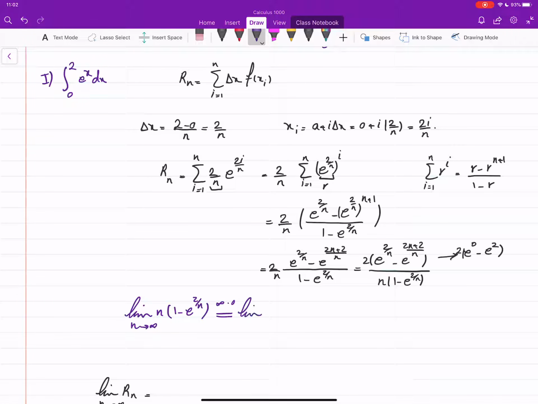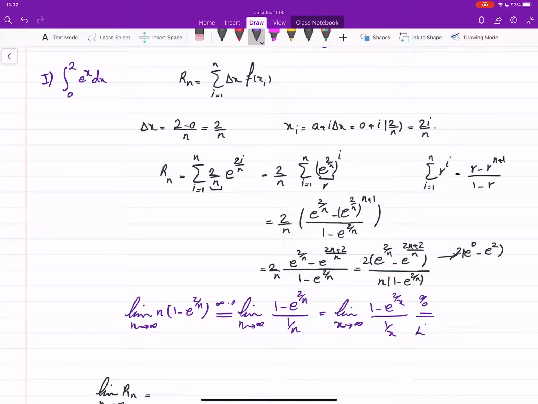The trick here is to use 1 over n, to write it as a quotient. And this is the same thing as having x instead of n there. Then we have 0 over 0.